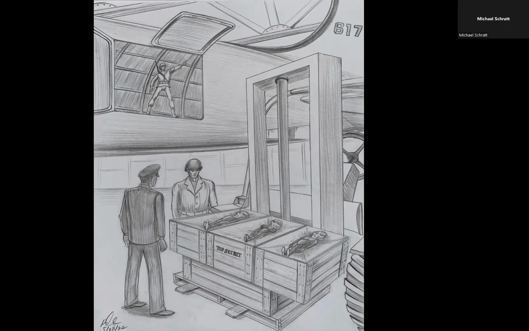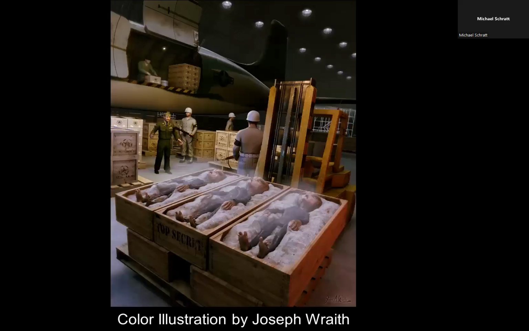So you can see these crates with the tops taken off. And now let's go even one further. Let's make this color. Let's make this come alive. Let me take you to a Joseph Wraith illustration here. Now we're inside, looking at this particular case. We've got the forklift, we've got the 5 crates, the tops are lifted off.